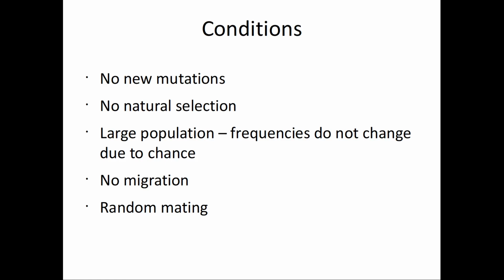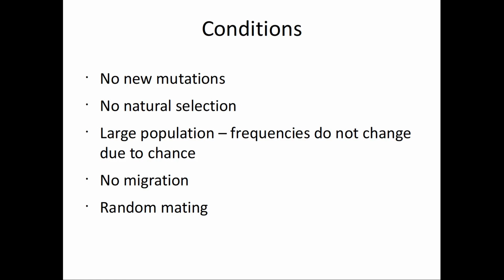Everybody has essentially the same fitness. The population is large, and frequencies do not change due to chance. There's no genetic drift or anything like that. There's no migration. We're not seeing population members move, and all mating is random.